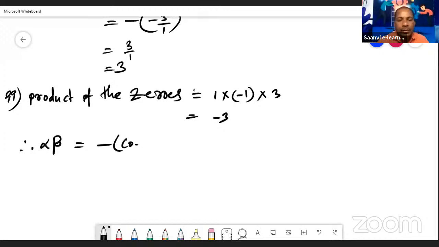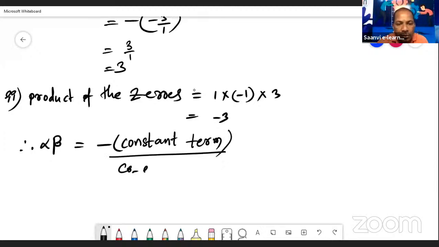The formula is minus of the constant term by the coefficient of x cube. This is the formula for the product of the zeros.